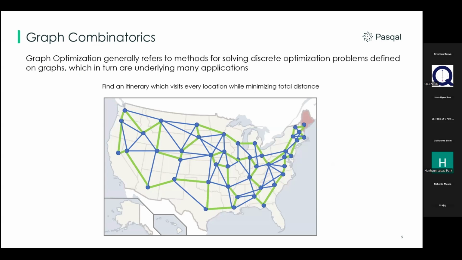So when we talk about graph combinatorics or optimization on graphs, we can refer to a whole plethora of different types of problems. Here I wanted to illustrate a couple of different problems that you can define on a graph.